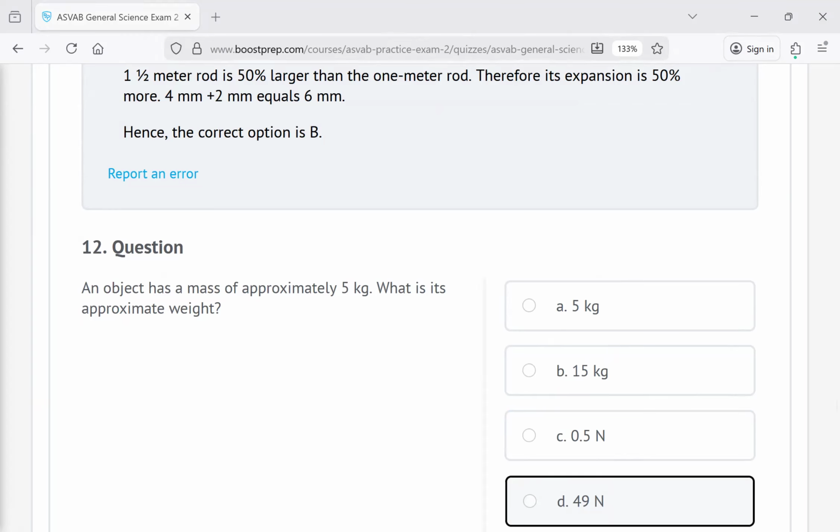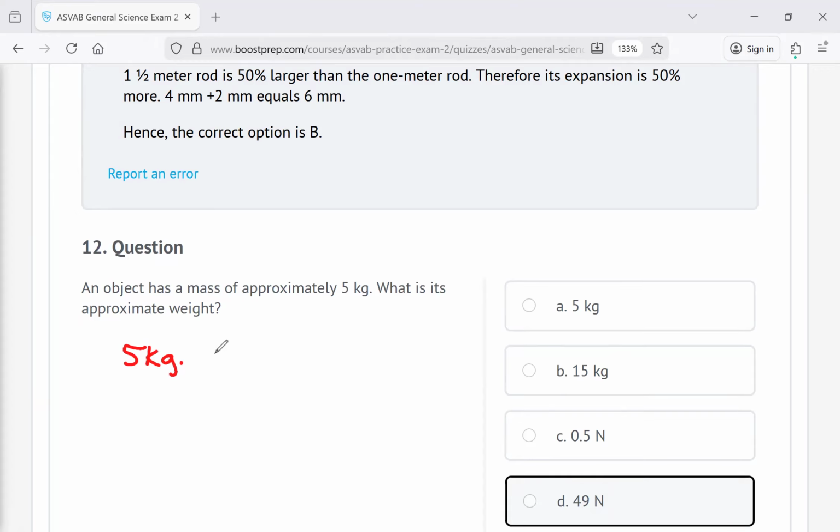The object's weight is its force. It's the product of its mass and its acceleration from gravity. So the weight is going to be 5 kilograms times the acceleration.